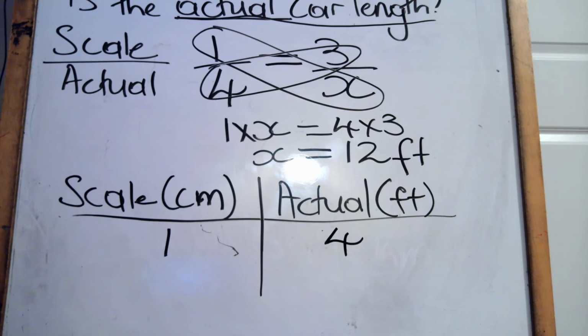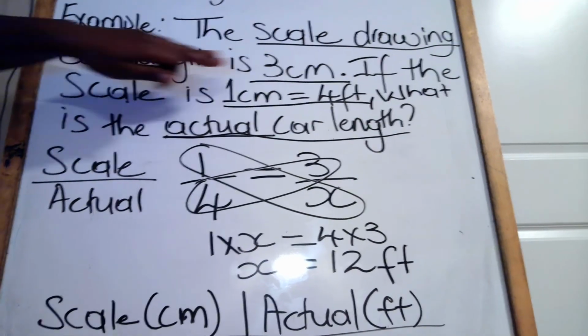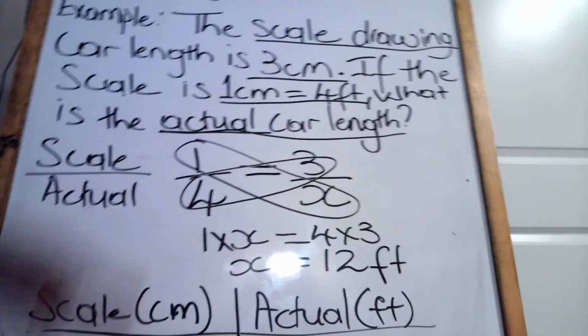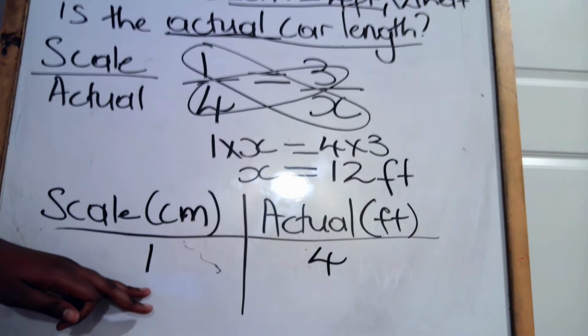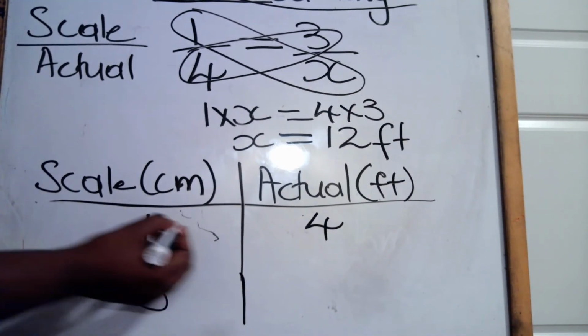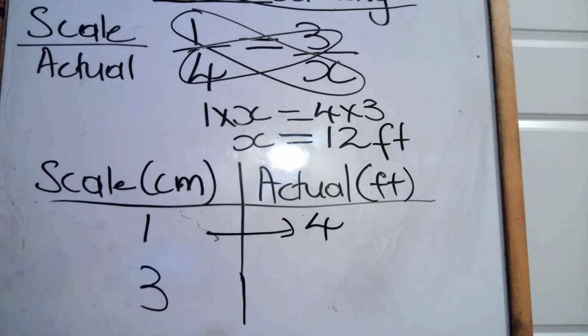Next is given in the question. They tell us that the scale drawing car length is 3 centimeters. So 3 centimeters would go on the scale. So we have the 3 here. The next question we want to ask ourselves: how did we move from 1 to 4? Remember, we're multiplying by a number or dividing by a number.